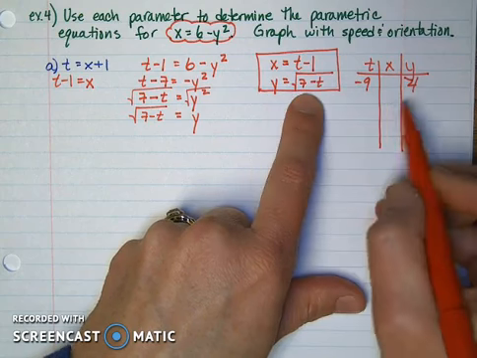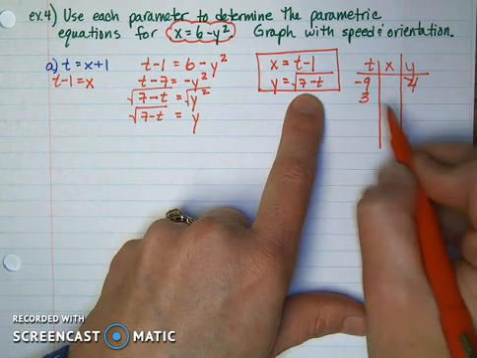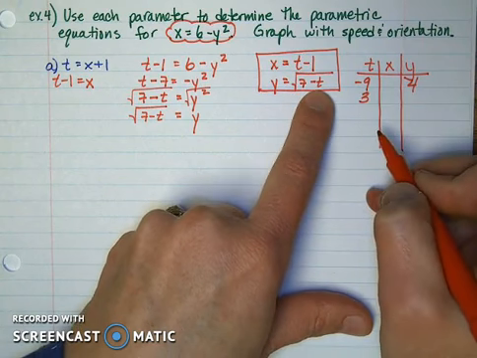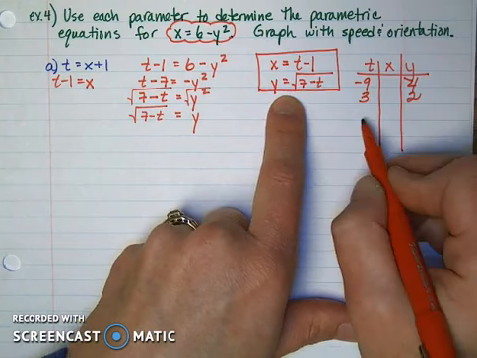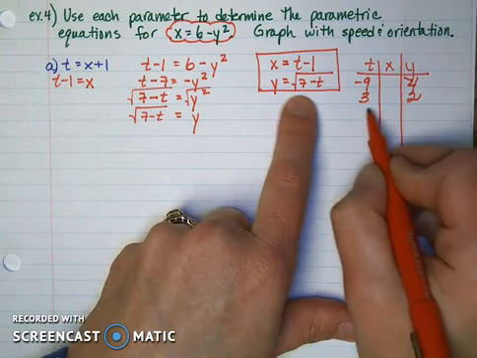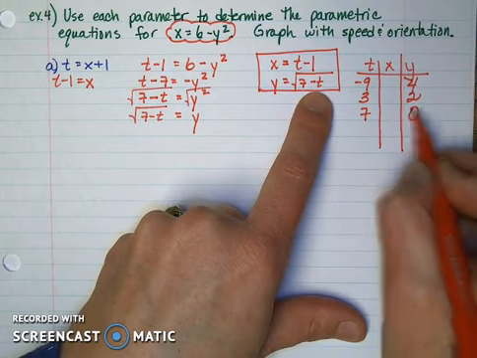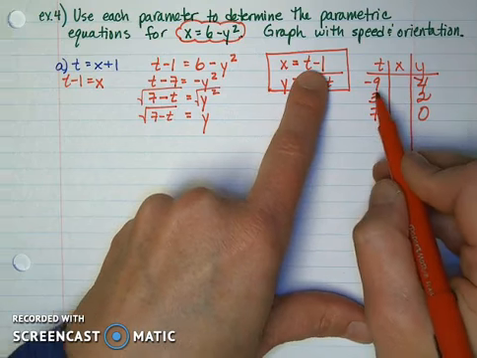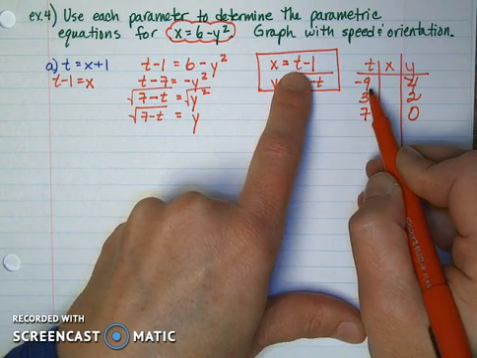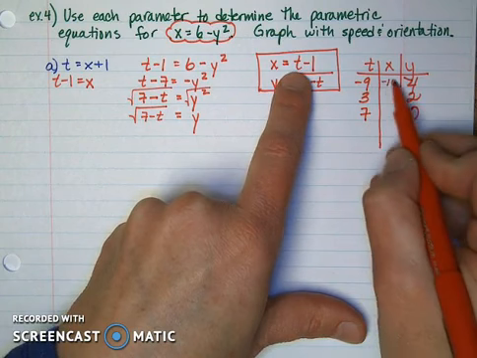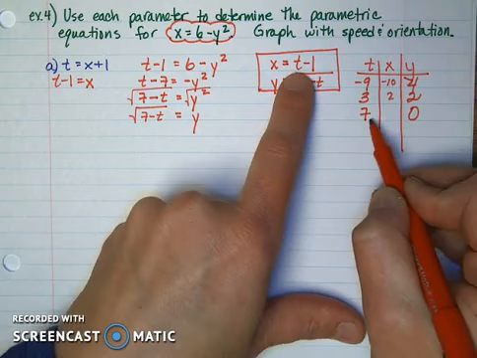If I plug in a 3, 7 minus 3 is 4, square root is 2. If I plug in 7, 7 minus 7 is 0, so I know I'm at 0. Then I can go back and I'll plug in these t values here at x. So negative 9 minus 1 is a negative 10, 3 minus 1 is 2, and 7 minus 1 is 6.